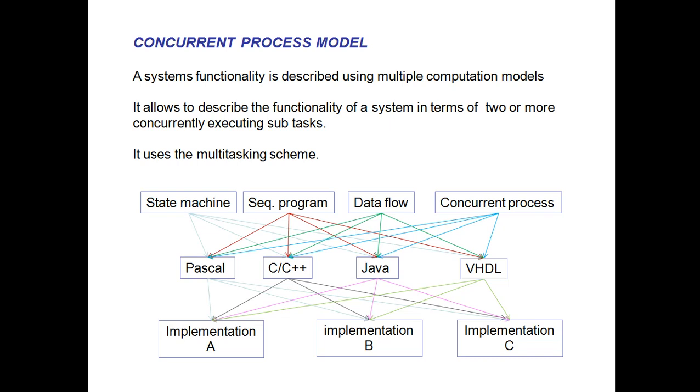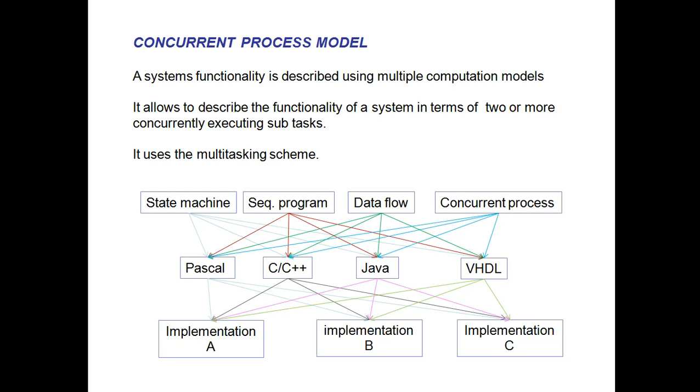The same thing will also be true for the concurrent process, which uses Pascal, C++, Java, and VHDL, and it is also true for data flow and for state machine. Now, C++ is the implementation of A, implementation of B, implementation of C, and the same can be said about the other three languages also.